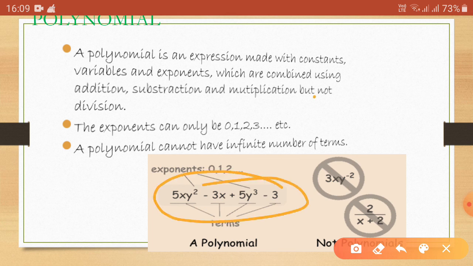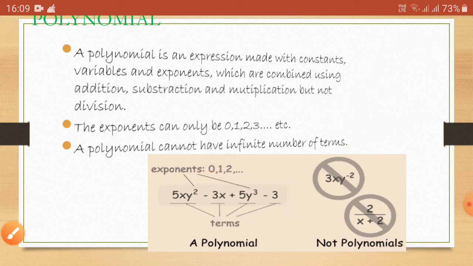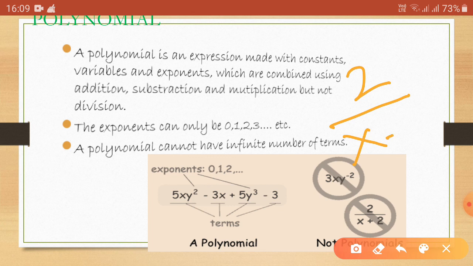But if I write 3xy to the power minus 2, is it a polynomial? No. Why? Because the exponent is y to the power minus 2. Here the condition is the exponents can only be 0, 1, 2, 3 in the positive. Okay, and again if we write 2 by x plus 2, is it a polynomial?